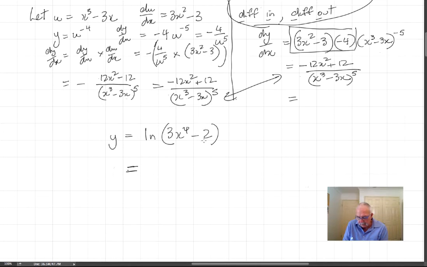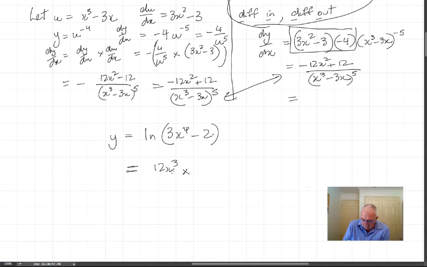We've got 3x to the 4th minus 2 as my first function, and then we find the log of the answer. Whenever we work out the bracket, then we find the log of the answer at the end. So what's diffing in? Diffing in is diffing what's in here. Inside the brackets, when we diff in, we get 12x cubed. That's diffing in, and it's always connected by multiply.